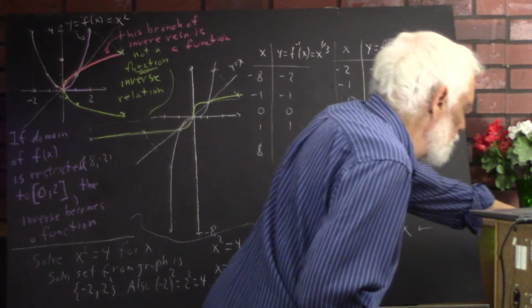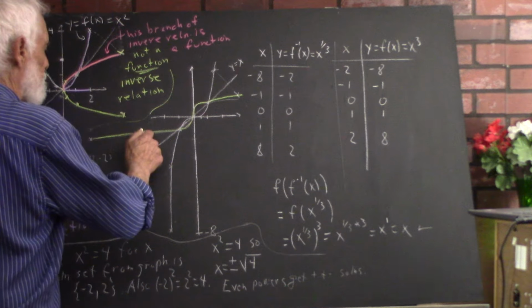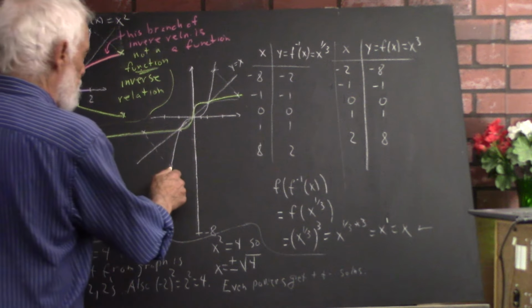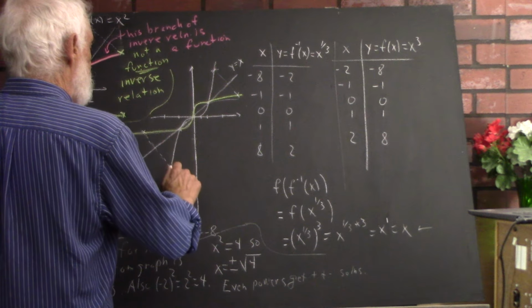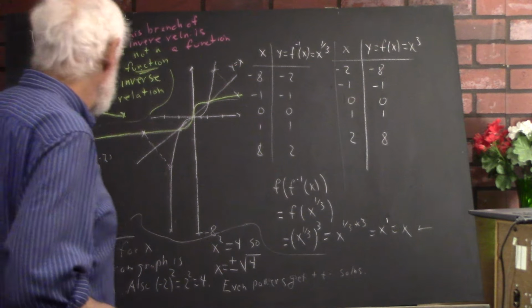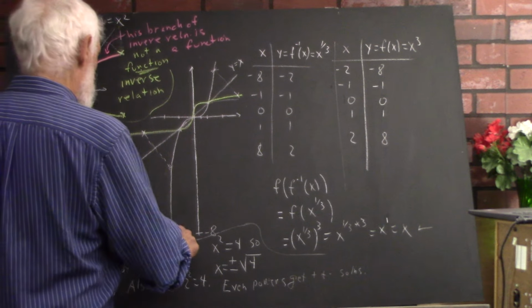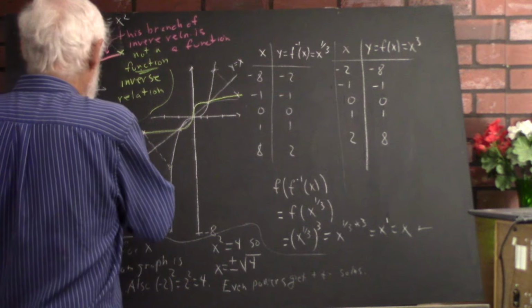Now it's kind of faint, I'm sure you can probably see it, but right here we took this point and reflected across this line to get this point. Take this point and reflect across this line, and we get this point.